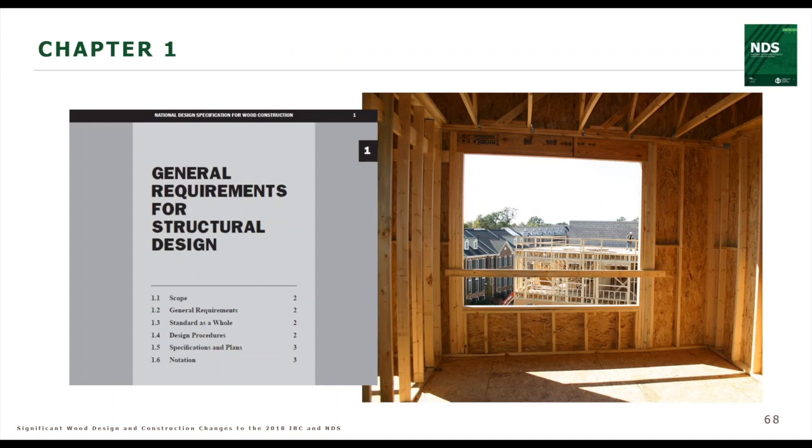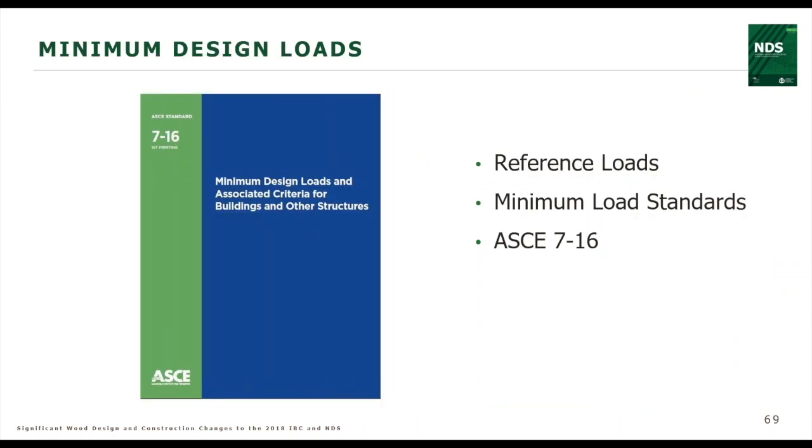So from here on out, I'll just go through chapter by chapter and go through the changes in each chapter. So we'll start at the beginning in Chapter 1. As I mentioned, the update to ASCE 7-16 has been one of the biggest changes in this standard, and some of the changes kind of cascaded from this due to, as Michelle talked about, these increased component and cladding loads.